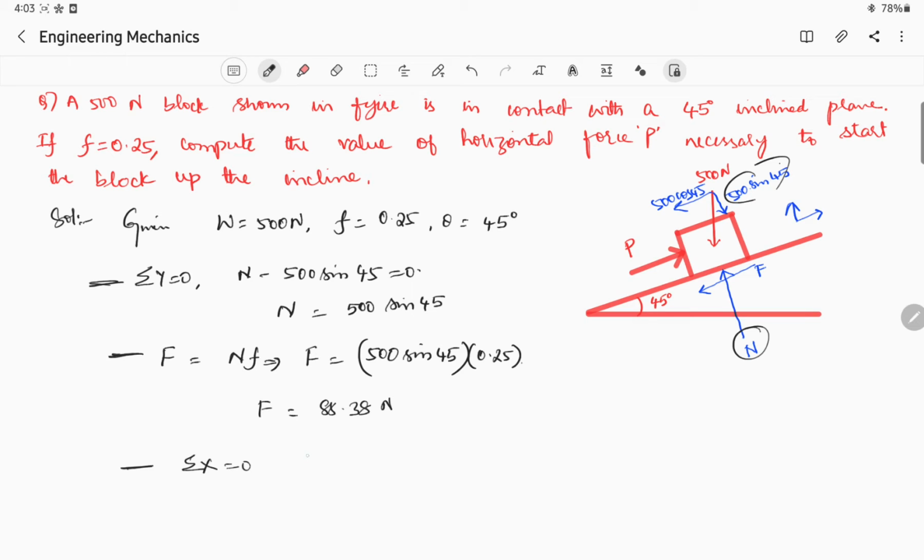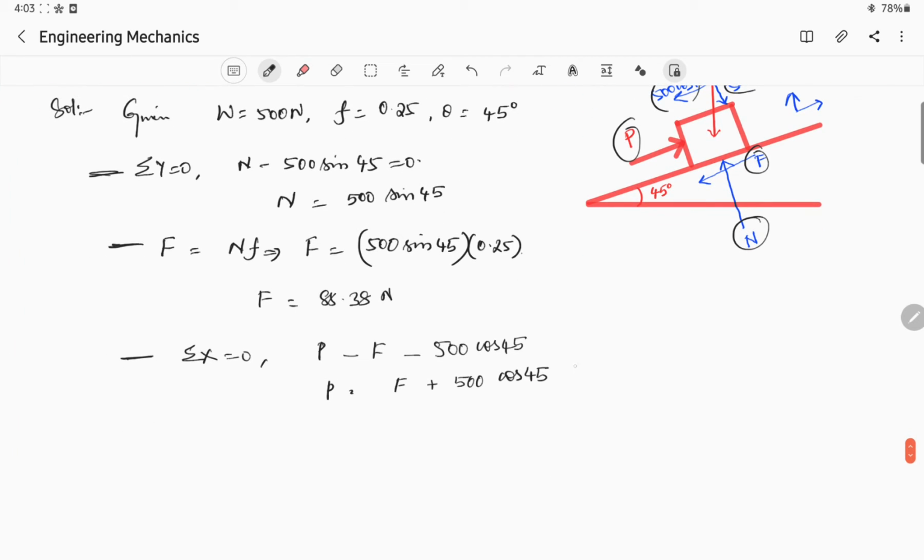So sigma x is equal to 0 is nothing but, how many horizontal forces we have? We have F, we have P, and even we have this 500 cos 45. So P is going in positive x direction. P minus F minus 500 cos 45. So P is equal to F plus 500 cos 45.